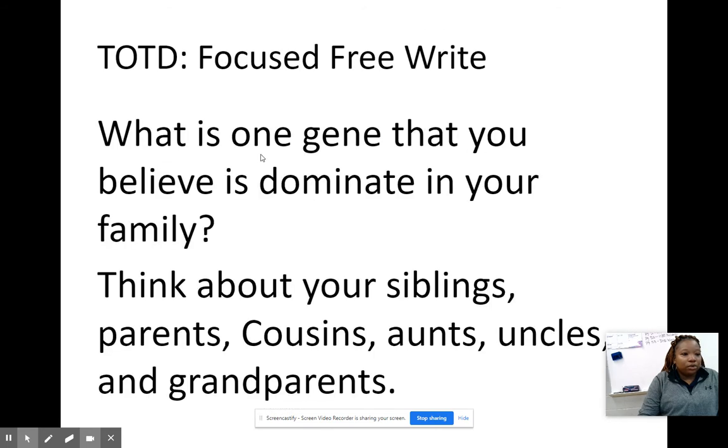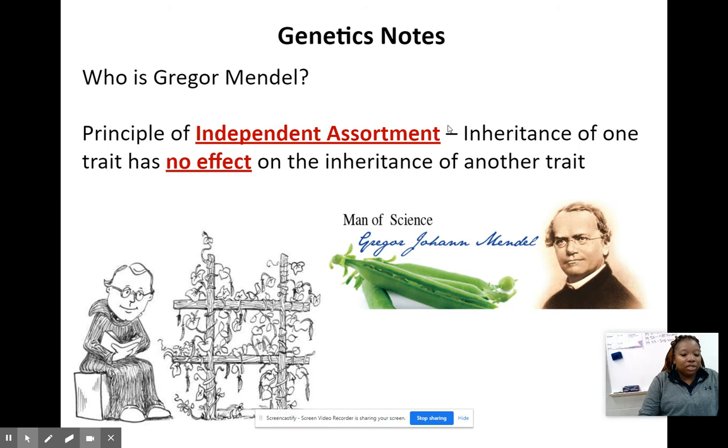All right, so you should already have reviewed these PowerPoint slides, but I'm just going to read over them briefly. Gregor Mendel is the father of genetics. He came up with genetics using the pea plants. The principle of independent assortment is the inheritance that one trait has no effect on another trait.